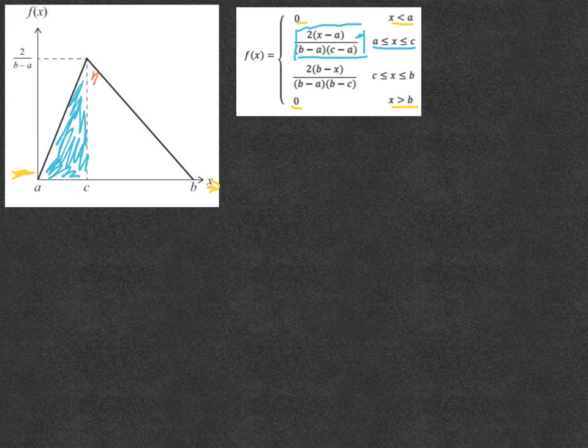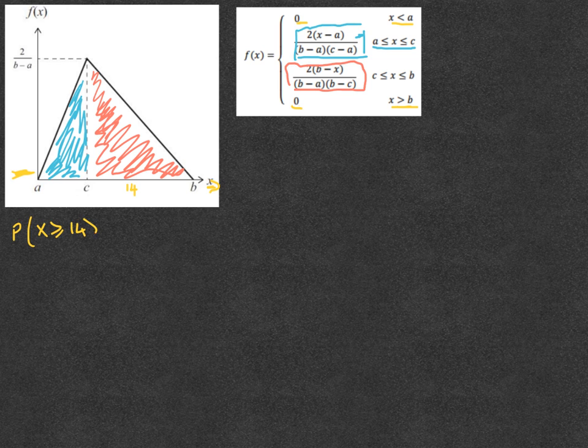For the other half of the triangle, so this area here, we use this formula because that's in between the C and the B. And we're going to be using that side because we know that our value is between those two parts. So we know we're looking for something that is greater than 14. We're basically looking for what is the probability of X being greater than or equal to 14.